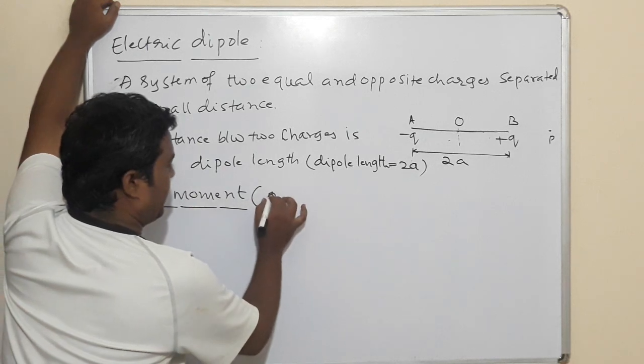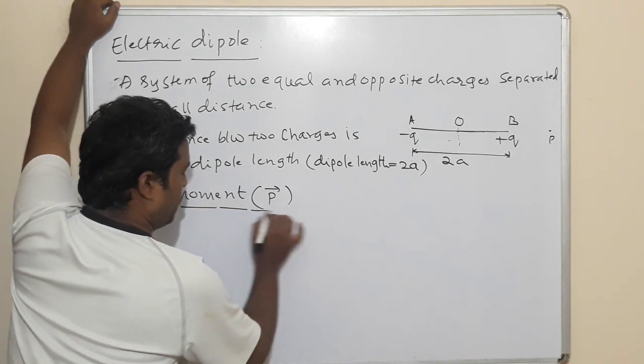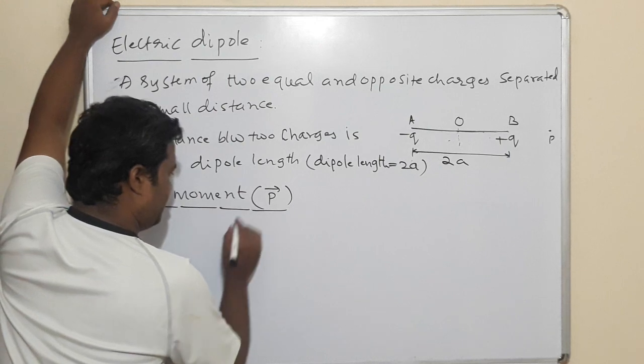What is dipole moment? It is generally a vector. You might have heard this word in chemistry.